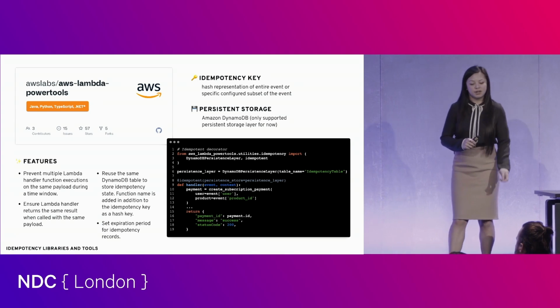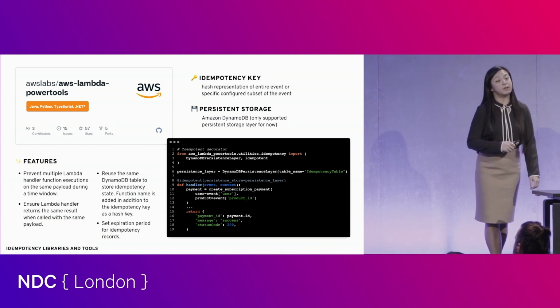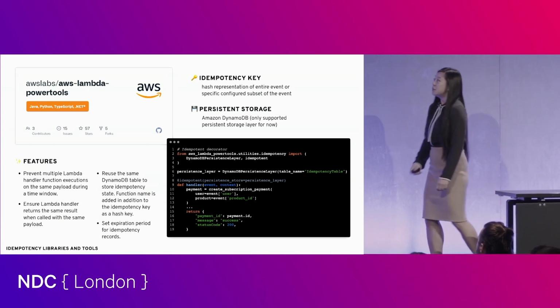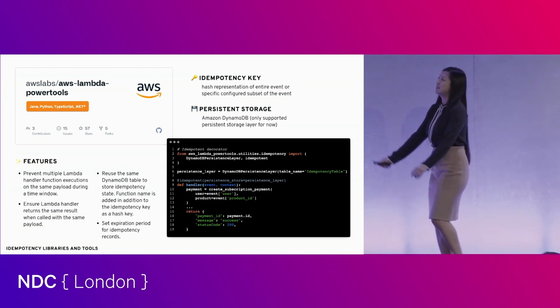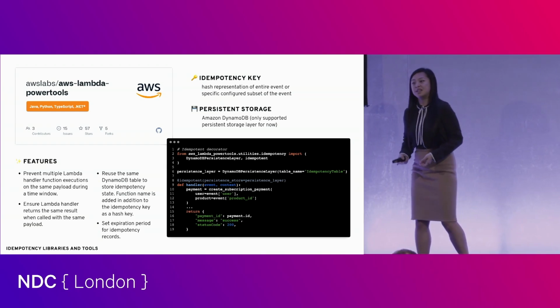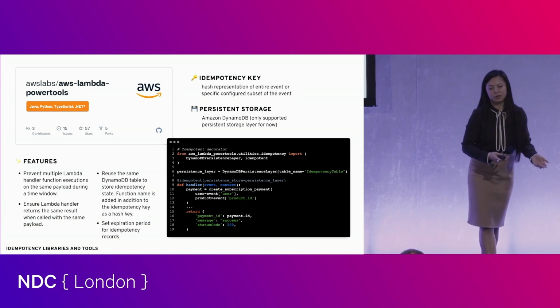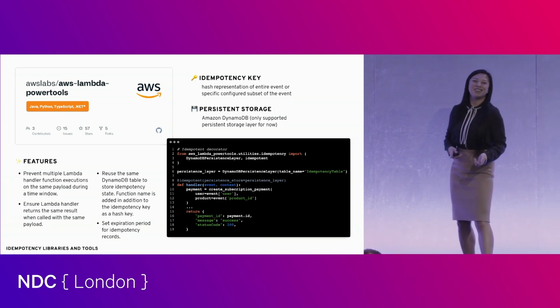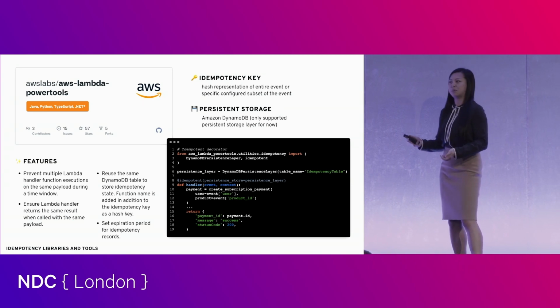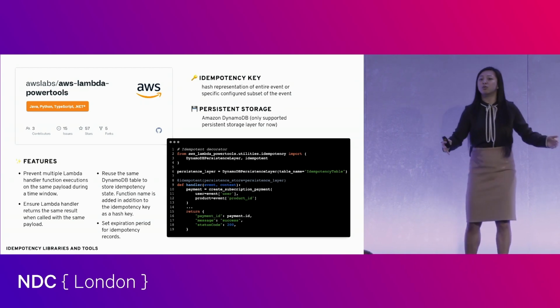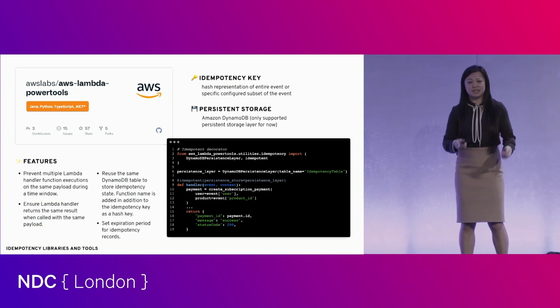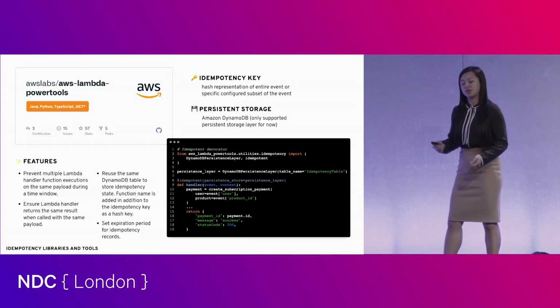And lastly, you can set an expiration period for idempotency records. This is really important because you are storing all of these keys and presumably all of these results. And if you work at the scale that some developers do, that is going to grow really, really large. And you don't need all of those keys all the time.